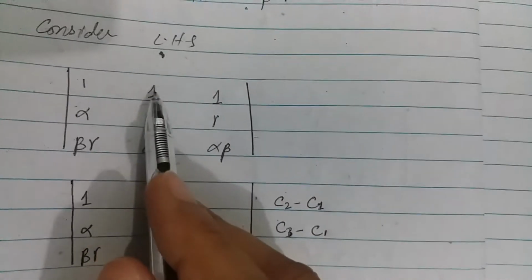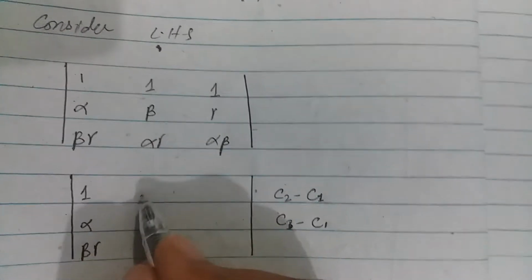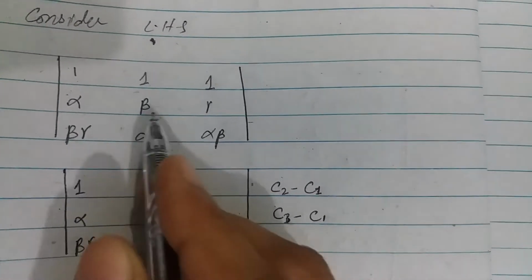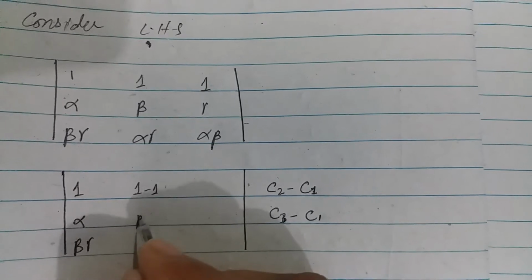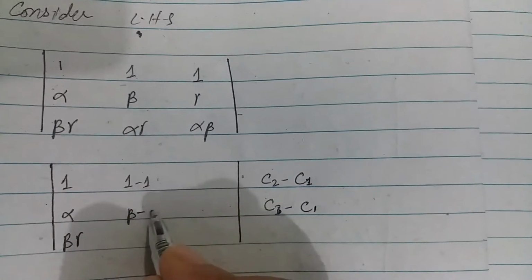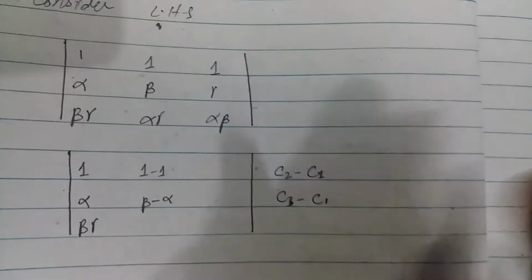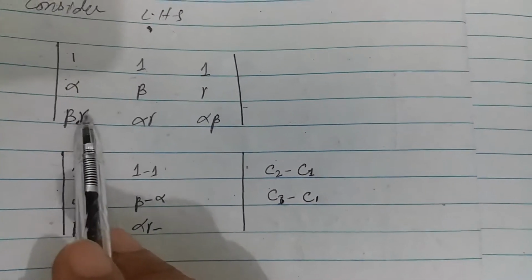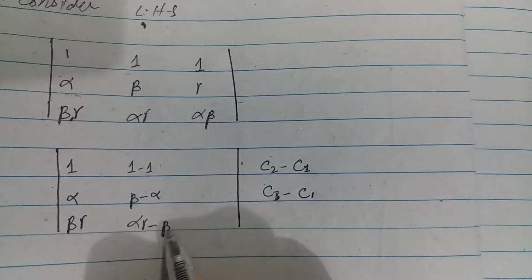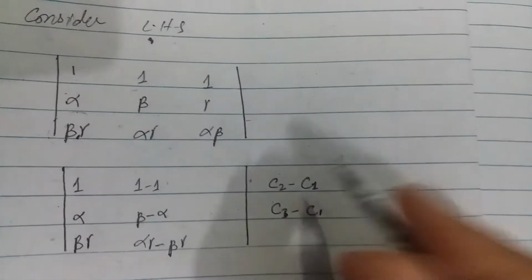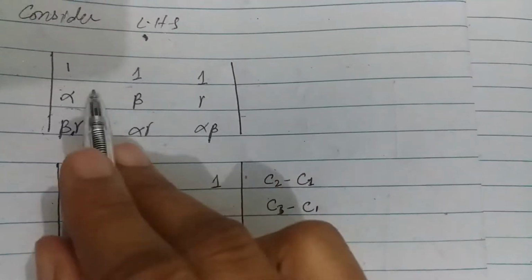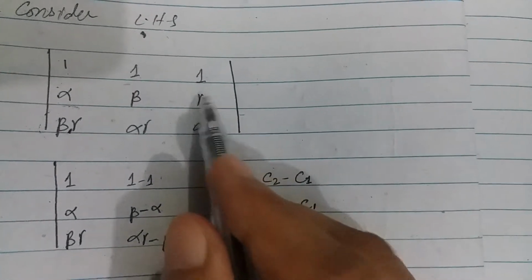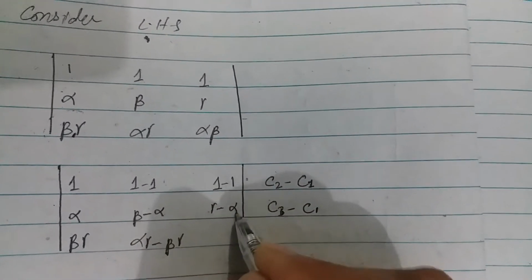It means 1 minus 1. Beta minus alpha, beta is as it is, and this alpha should be subtracted from beta. Then gamma alpha as it is minus the corresponding element, that is beta and gamma. In the next one, minus this one. After that gamma minus alpha.